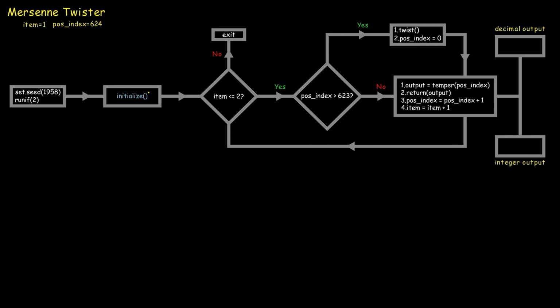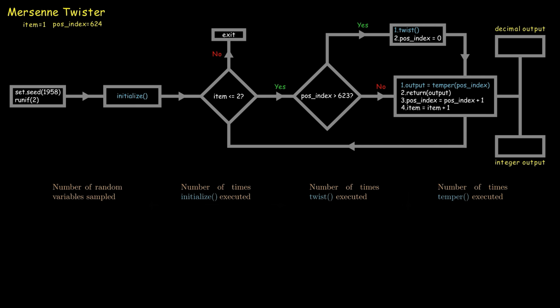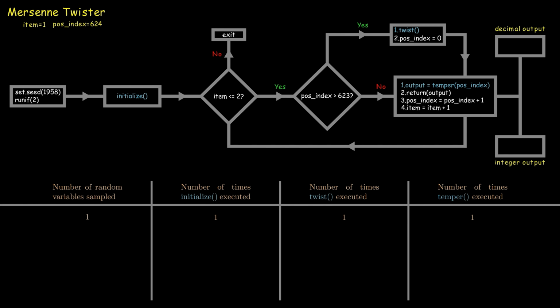Notice that the initialize operation is executed only once, no matter how many variables we are sampling, whether 1, 2, or 1,000. So, if we made an analogy to baking donuts, the initialize step is like turning the oven on. And we'll do that only once, whether we are baking 1, 2, or 1,000 donuts.